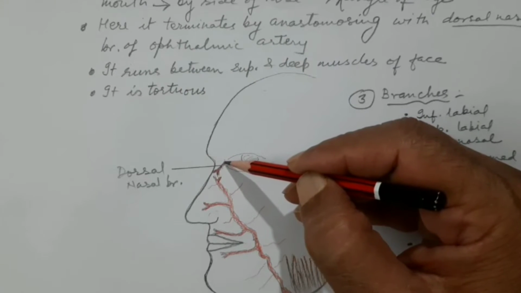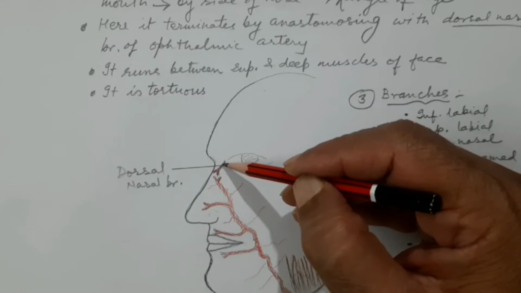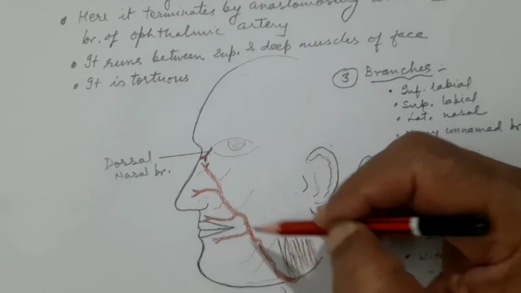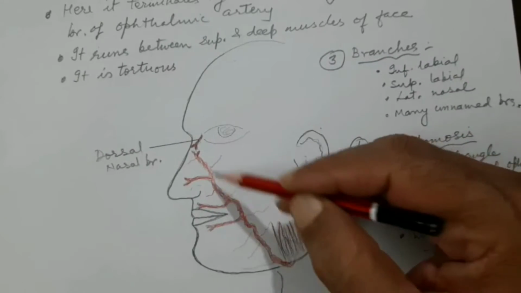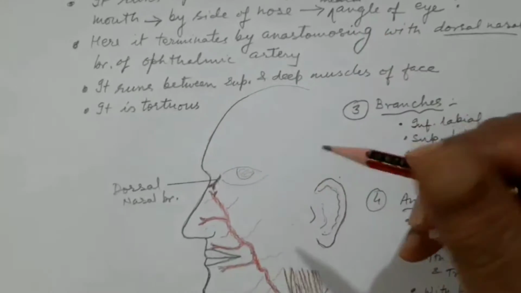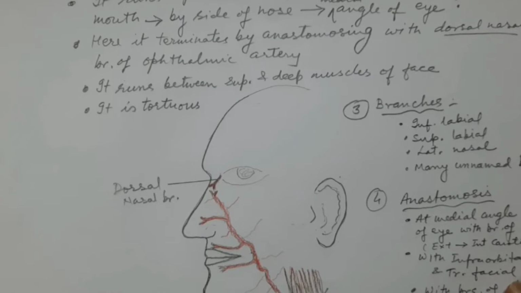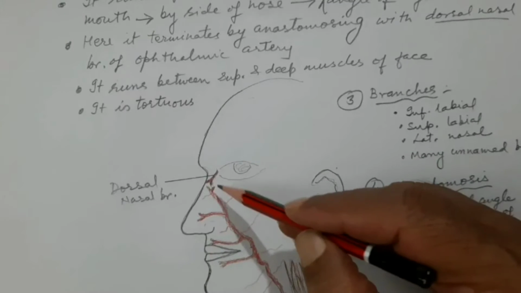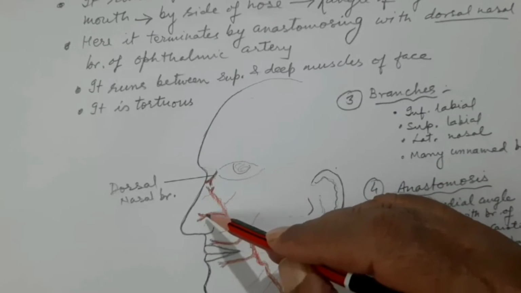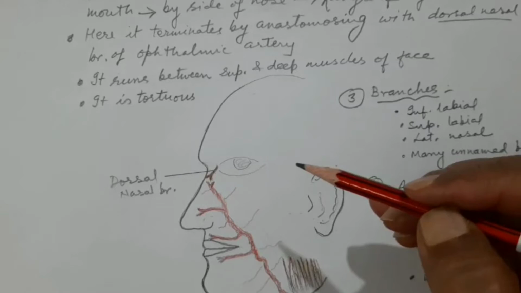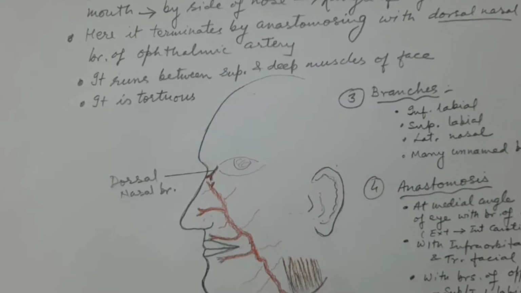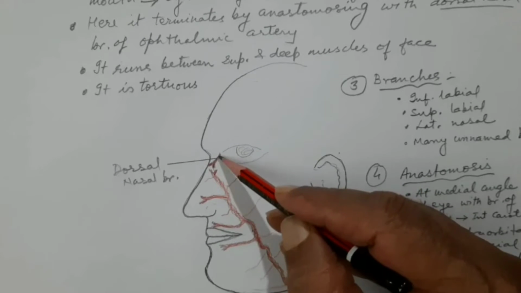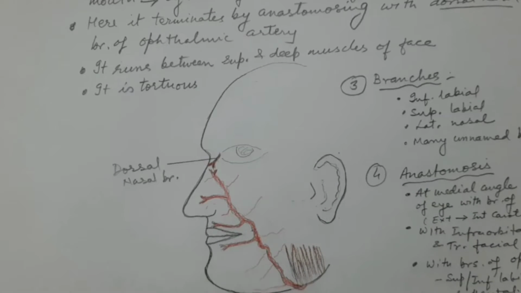So the dorsal nasal branch is a branch from the internal carotid artery, while I just told you that the facial artery is a branch from the external carotid given in the carotid triangle of the neck. Now, after anastomosing with the dorsal nasal branch of the ophthalmic artery, this artery will end here at the medial angle of the eye and will communicate with the dorsal nasal branch.